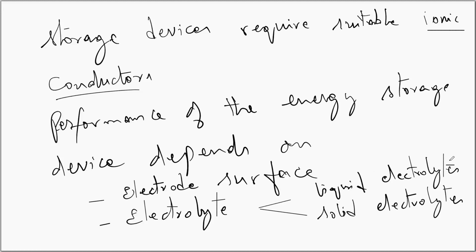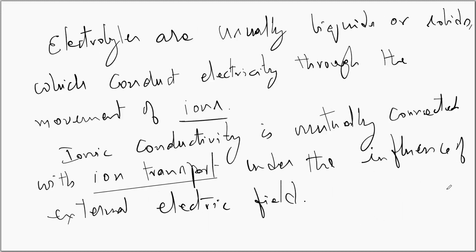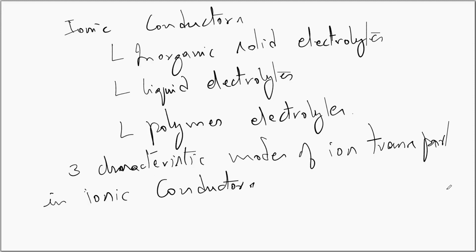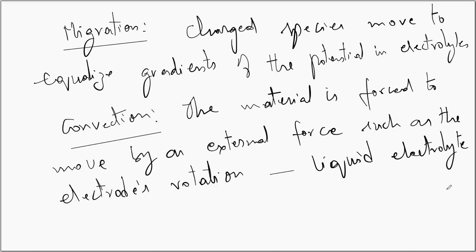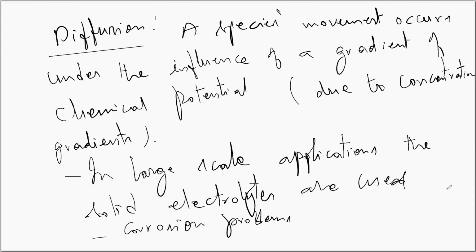Electrolytes can be liquid or solid. We defined what an electrolyte is: ionic conductivity is mutually connected with ion transport under the influence of an external electric field. We saw the three ionic conductors: inorganic solid electrolytes, liquid electrolytes, and polymer electrolytes, and the three characteristic modes of ion transport, namely migration, convection, and diffusion.